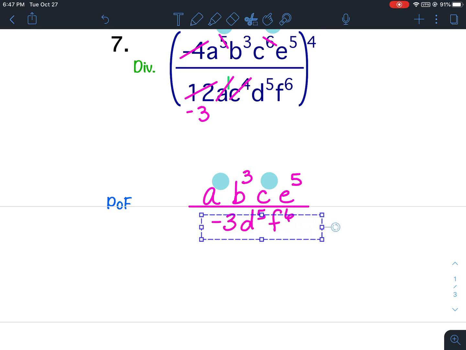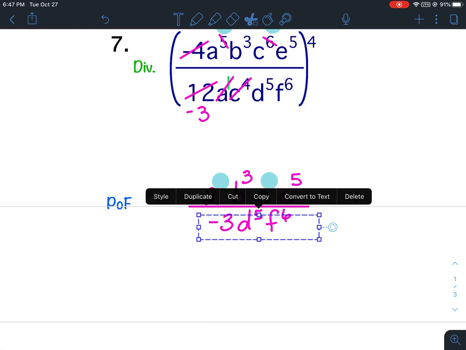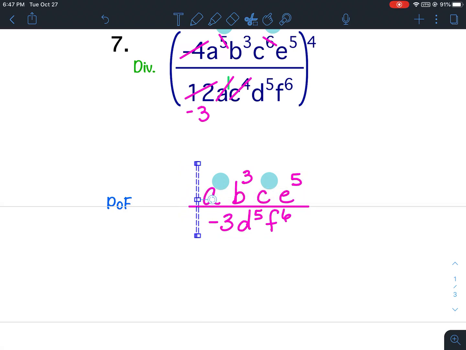I'm going to make that a little bit more centered. There we go. And then don't forget, we still have the big set of parentheses with the 4 for an exponent.